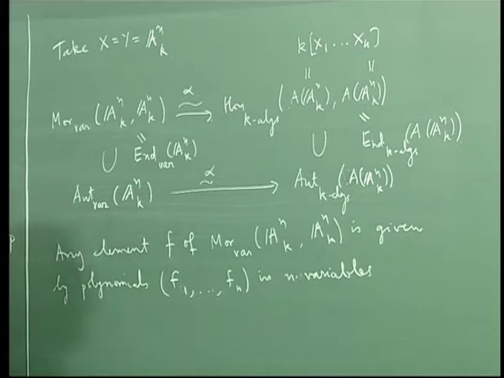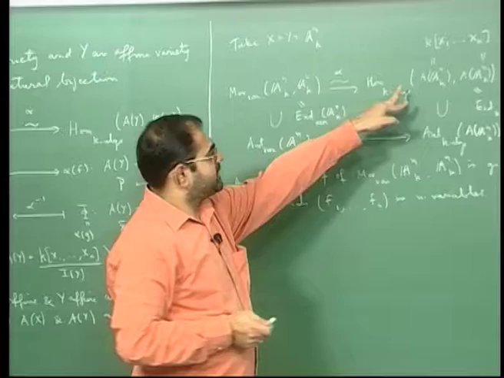So n polynomials in n variables, that's right, that's just because of this bijection.